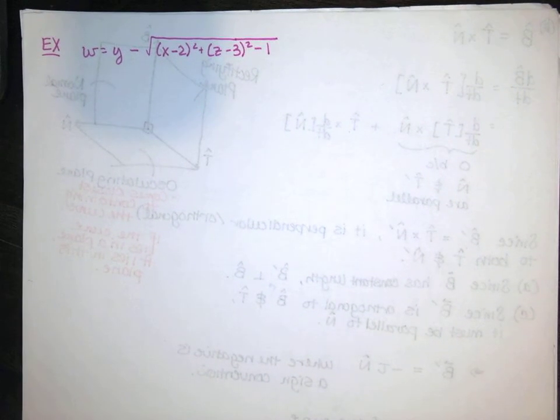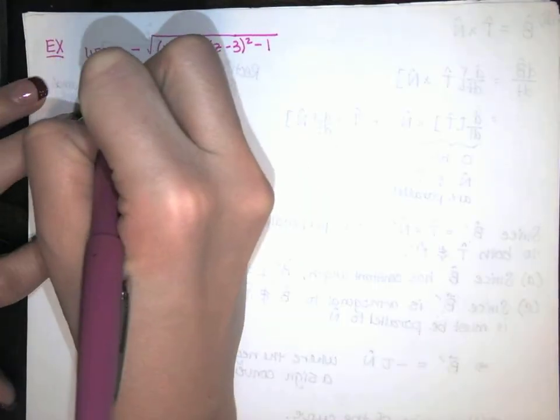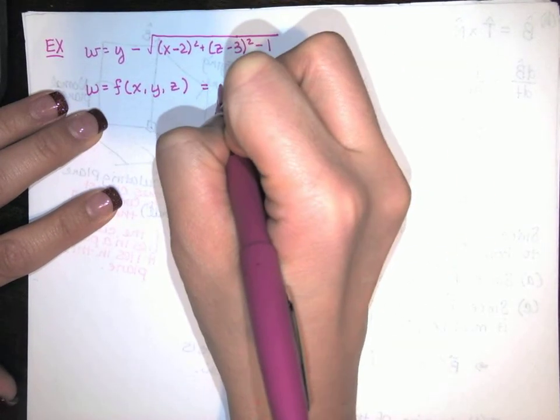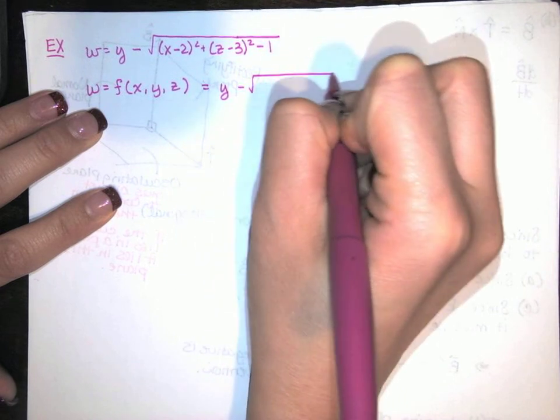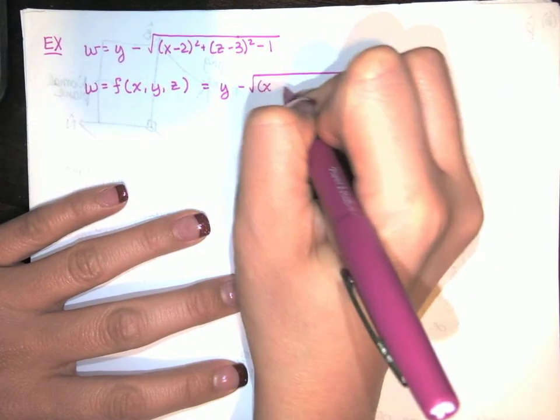You might say, oh my goodness, Ms. Townsend, that is ridiculous. That's too much. So this is a function of 3 variables, and I've got something that looks like this.